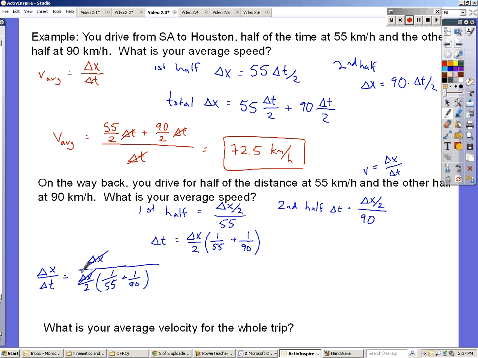Delta x we can get rid of. And so after quite a bit of arithmetic, wait, that's not right.